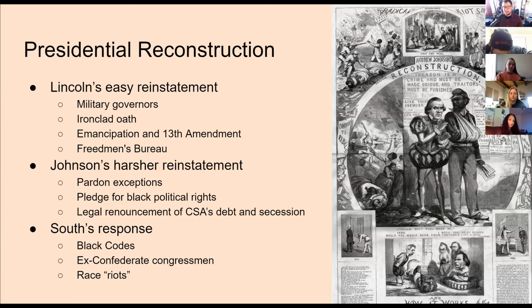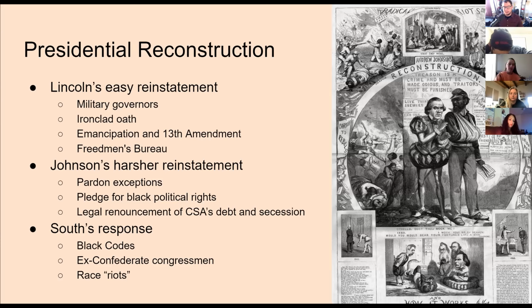Now, there's a lot of debate amongst historians as to what that even means, because a pledge is just a pledge. It's not something that you have to keep. So Johnson had no means of enforcing this. Also, Johnson, as we will see in a little bit, is not exactly a president known for fighting for racial equality. So while that seems kind of progressive, you could argue that it was just for show.